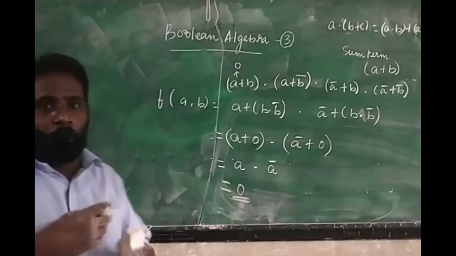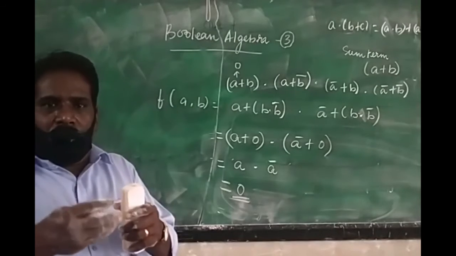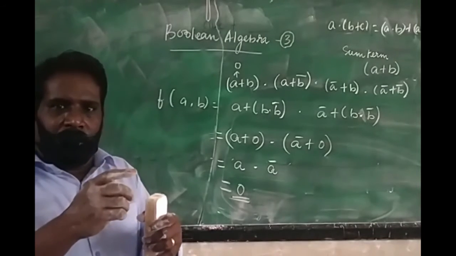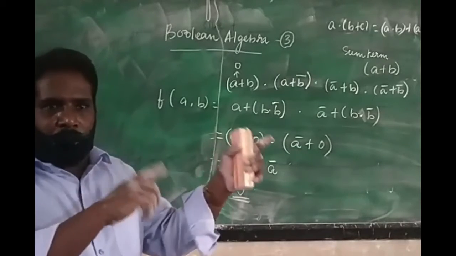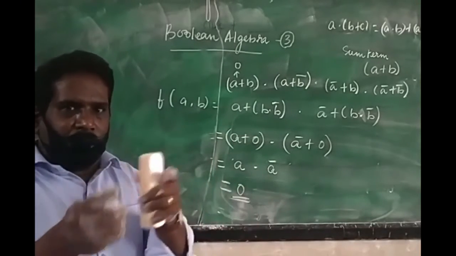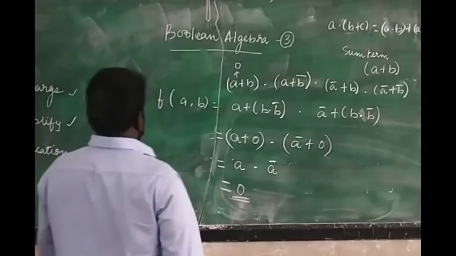So in the dual principle, 1 will be changed into 0, 0 will be changed into 1, plus will be changed into dot, and dot will be changed into plus sign. That is the principle of dual.